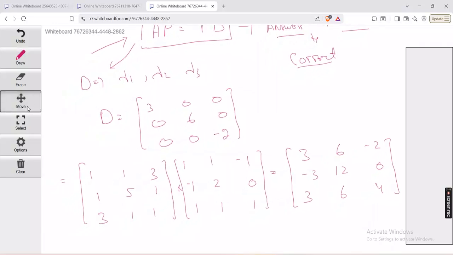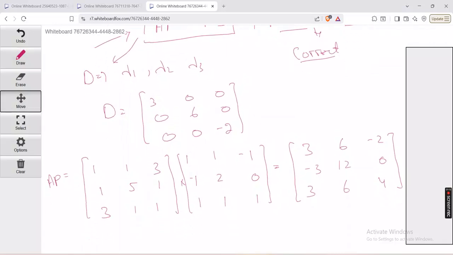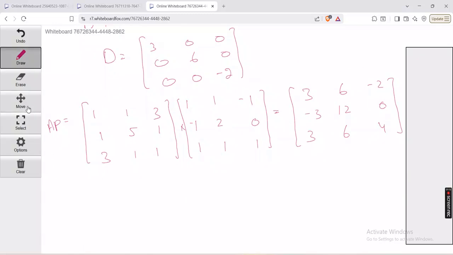Now this one was for AP. What next do we need? PD. PD is equal to what? P is this matrix. Again we have to write here 1, -1, 1, 1, 2, 1, -1, 0, 1. And D is this one: 3, 0, 0, 0, 6, 0, 0, 0, -2.